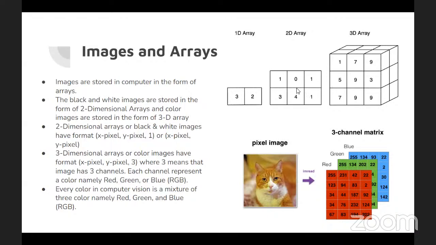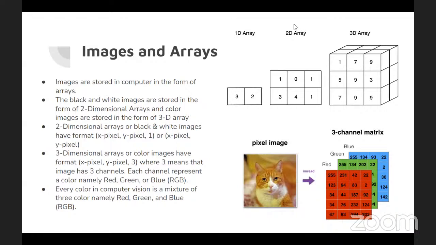And then a 3D array will look something like this: we have these numbers in front, and then in the back we have another array. Or you can understand it in such a way that different two-dimensional matrices, or two-dimensional arrays, when stacked one above the other, give us a 3D array.